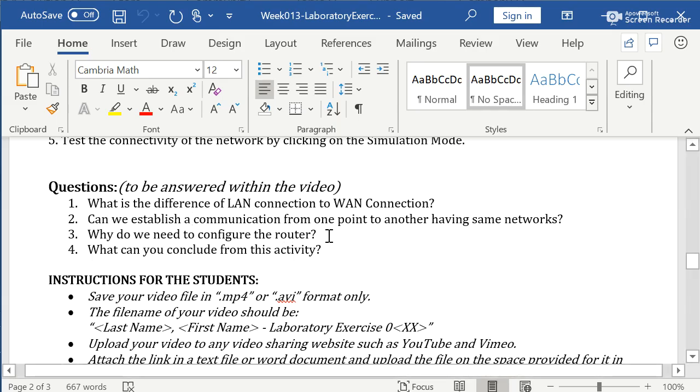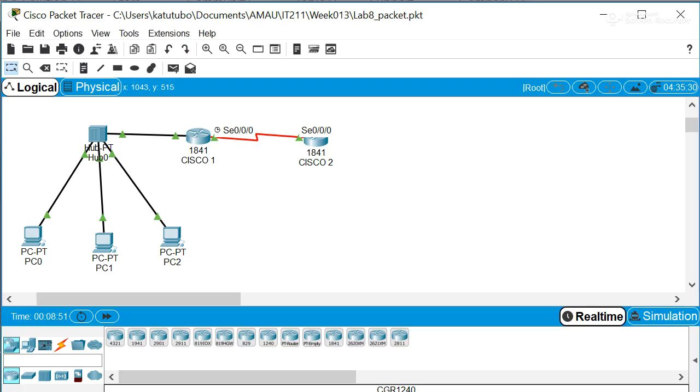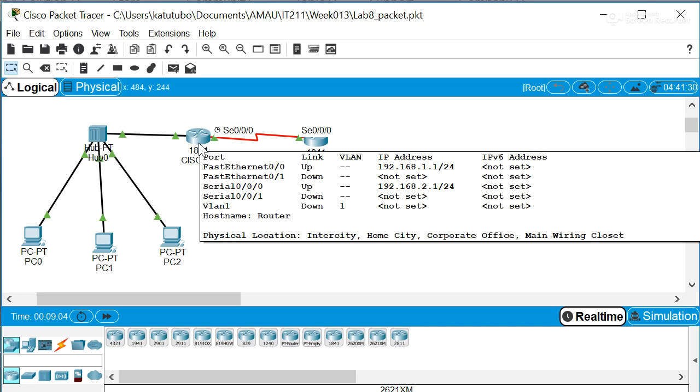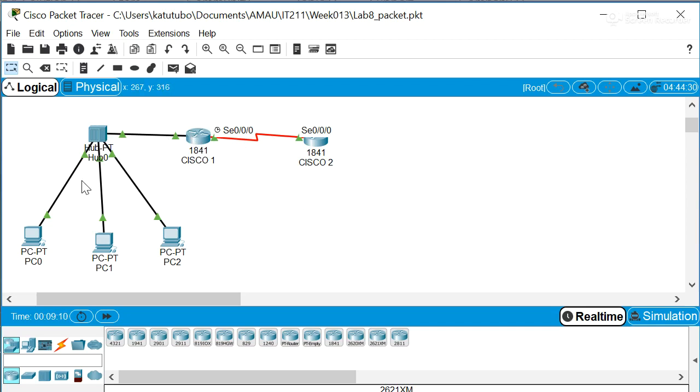Then for number 3, why do we need to configure the router? We need to set what type of connection, for example Cisco 1 to Cisco 2, what connection they are using. Then you also need to configure the IP address, or else the PC here cannot connect to Cisco 1.